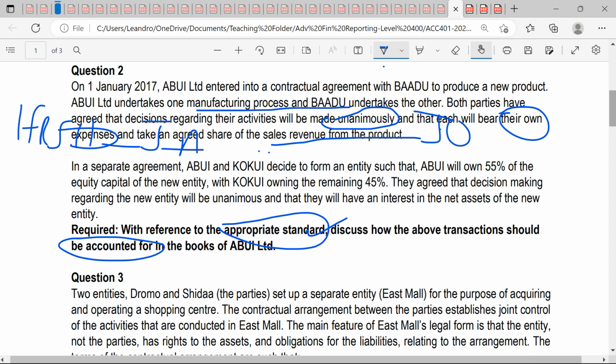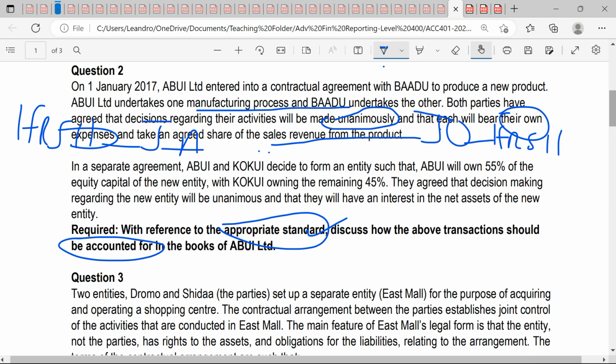And therefore, to account for a joint operation, the parties must apply the provisions of IFRS 11 and take their share of assets and liabilities and recognize them in both their individual and consolidated financial statements.